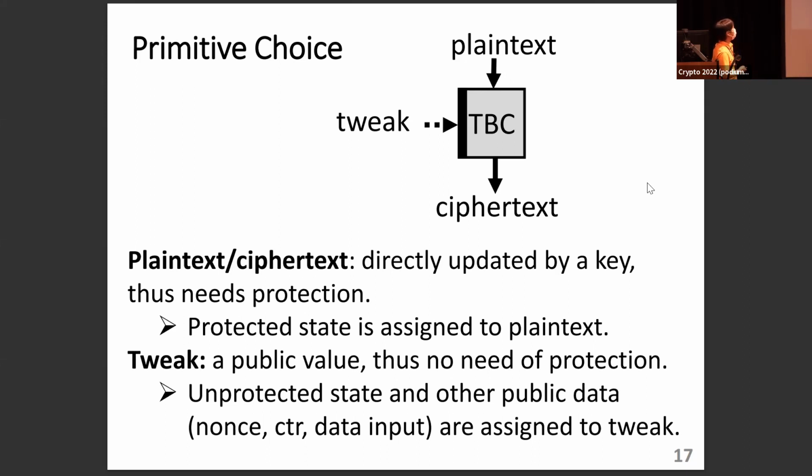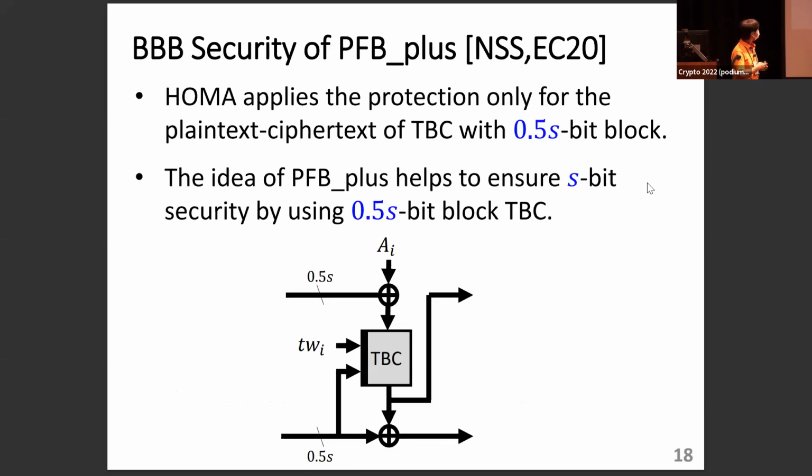The unprotected state of HOMA can be processed by the tweak. Also other public data such as nonce, counter, and the data input can be processed by the tweak. HOMA applies the protection only for the plaintext to ciphertext conversion of the tweakable block cipher with 0.5S bit block. But we want to ensure S-bit security.